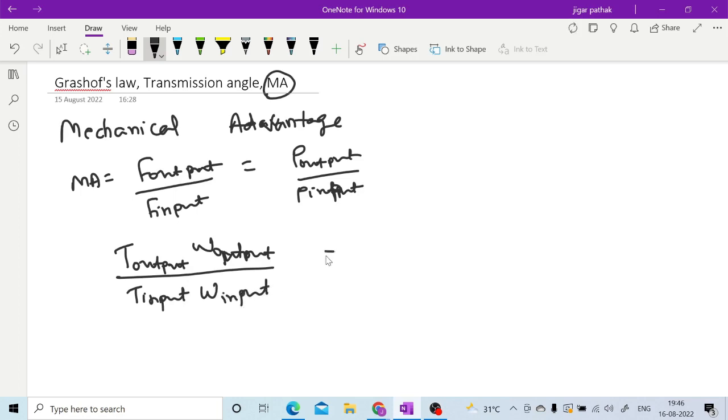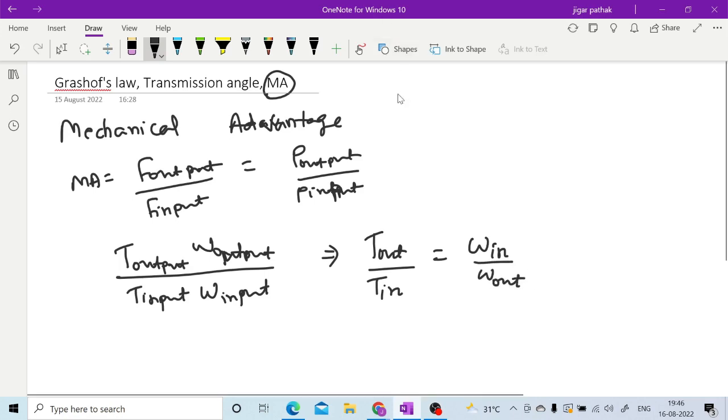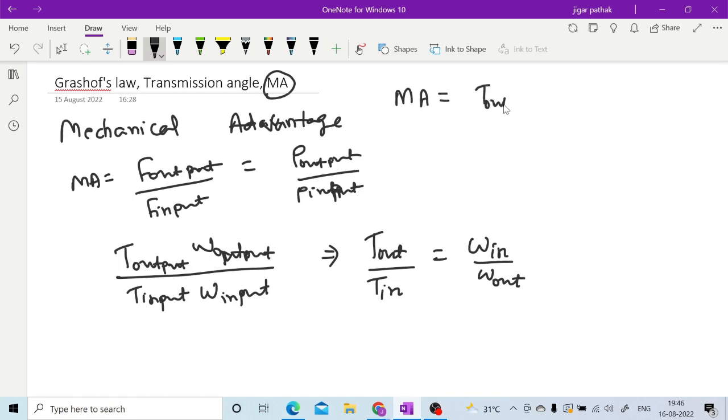So basically you can write that T output upon T input is also mechanical advantage, which can be calculated from omega input upon omega output. So your mechanical advantage can be written as T out upon T in is equal to omega in upon omega out.